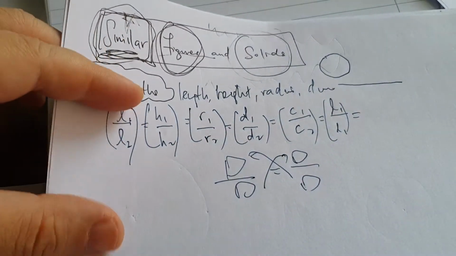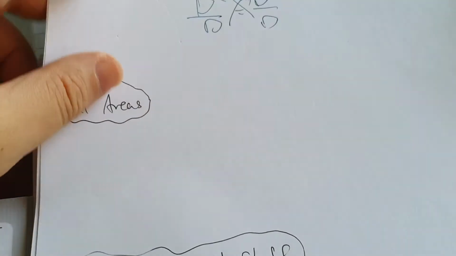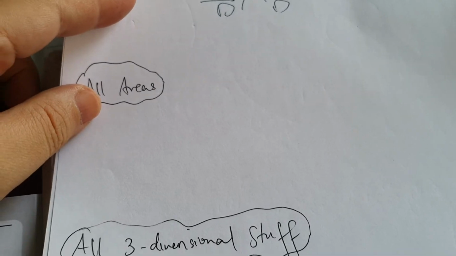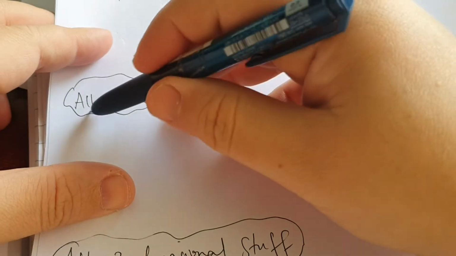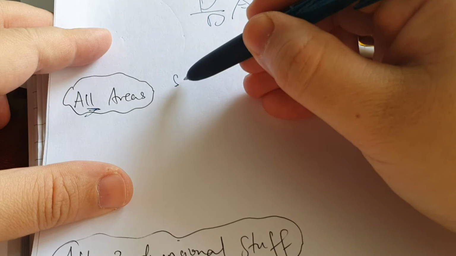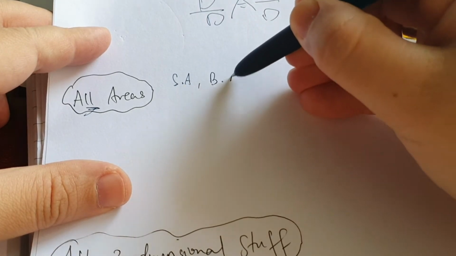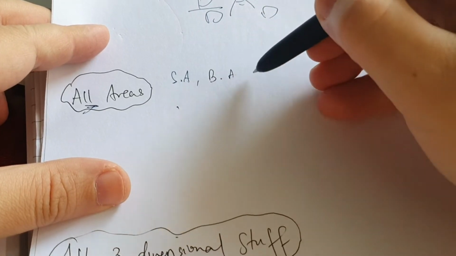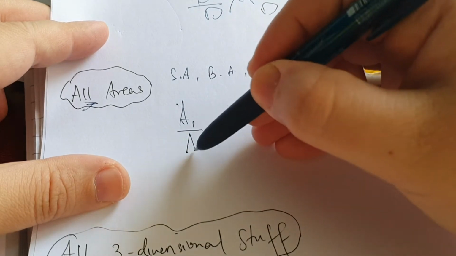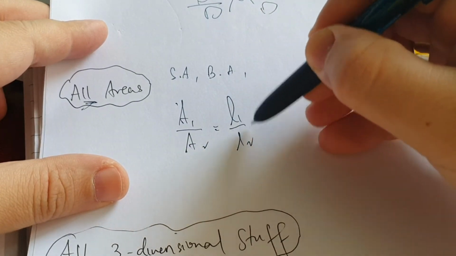Okay, now a little bit more complicated would be areas. Okay, when you have areas it's really all areas. Surface area also can, base area also can. So surface area, whatever, you just write A1 over A2 equal L1 over L2 squared.